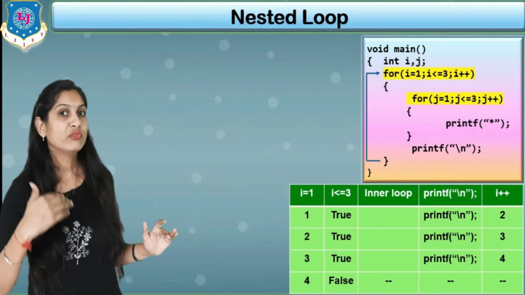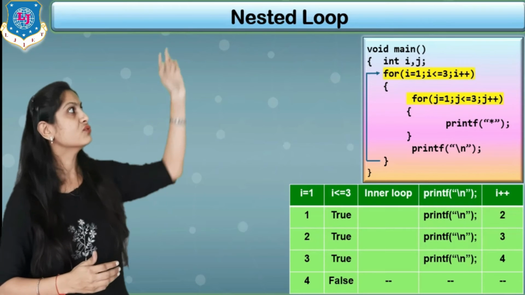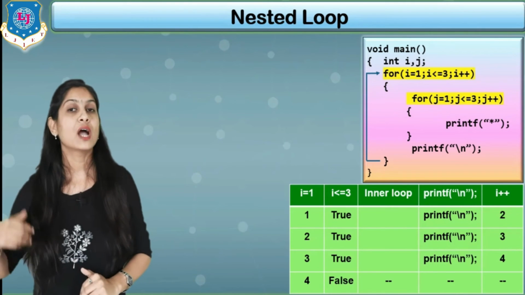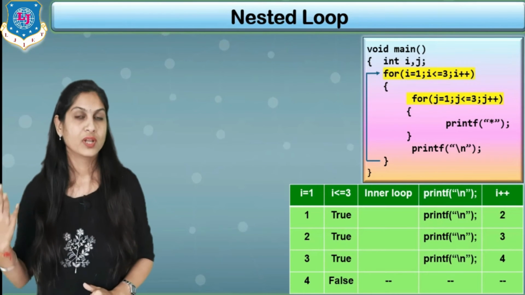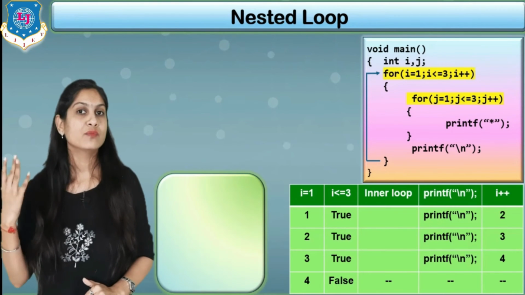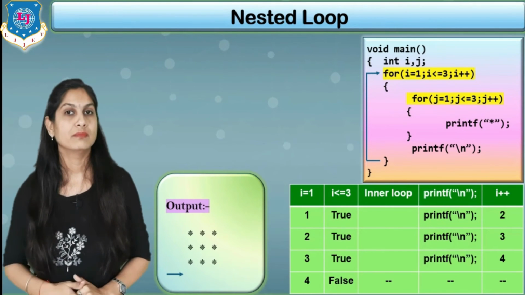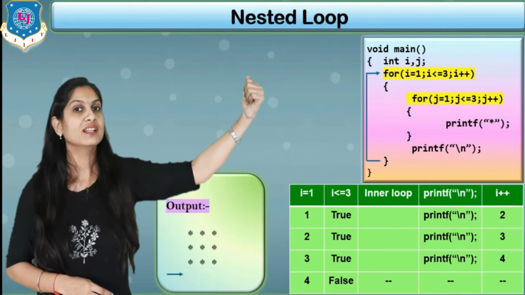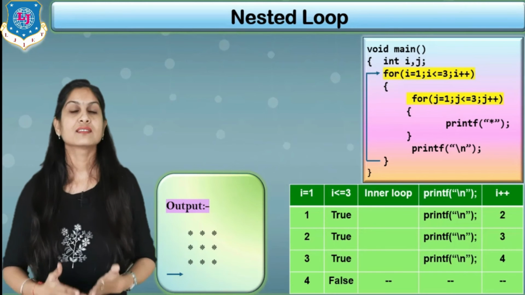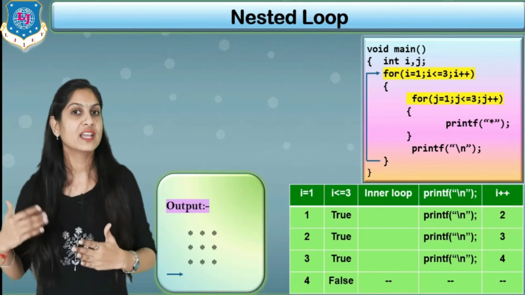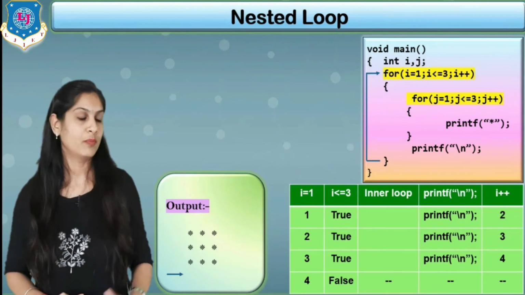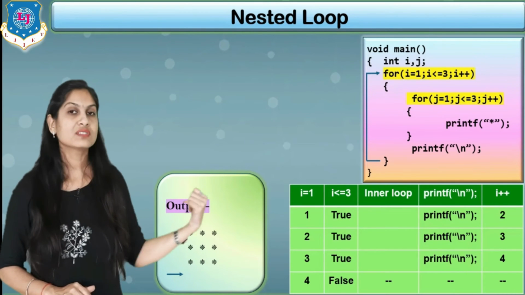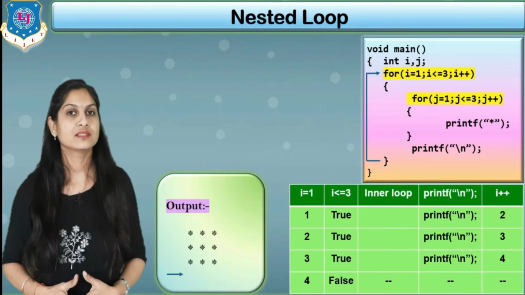But when we are moving to the new line, again we have to jump onto the i for loop. And now our i becomes 4. So when i becomes 4, our condition becomes false, 4 less than or equal to 3. So in this case the execution of the nested loop will be stopped and the output is just like that, 3 rows and 3 columns of stars.